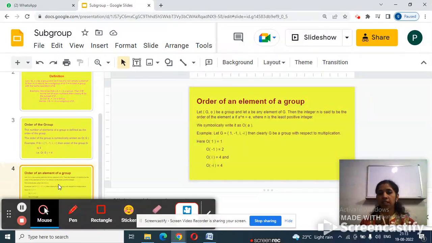So order of 1 is 1. (-1) to the power 2 gives the identity element 1, so order of -1 is 2. i to the power 4 is equal to 1, so order of i is 4. And (-i) to the power 4 is also equal to 1, so order of -i is also 4.